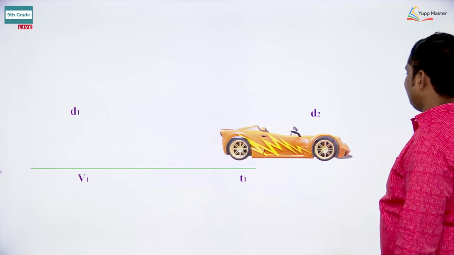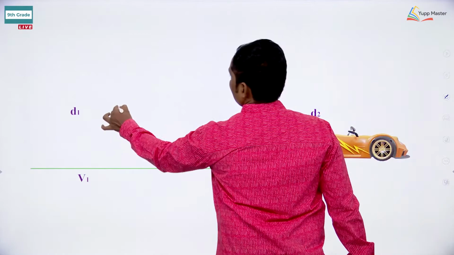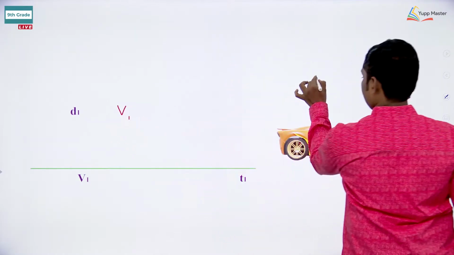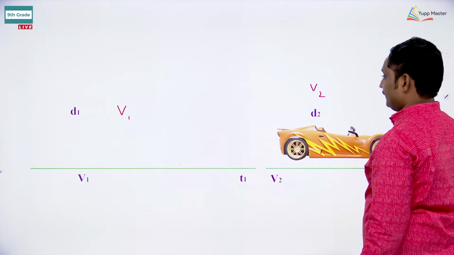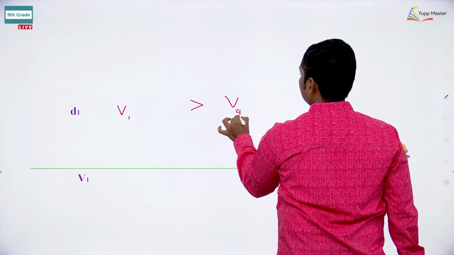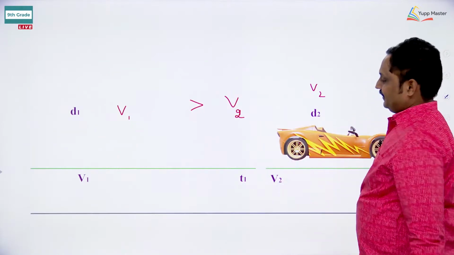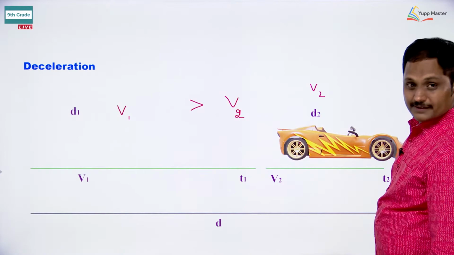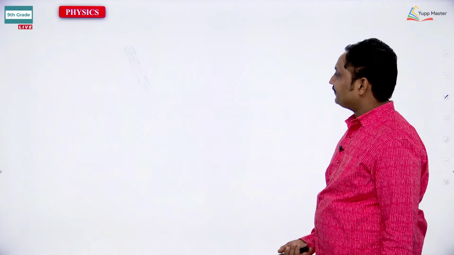It has covered that distance. Here you will take that V1 and this is V2. It is very clear, it is going to be V1, V2. We will get that deceleration case, very clear, no doubt at all. Let us have some problems.